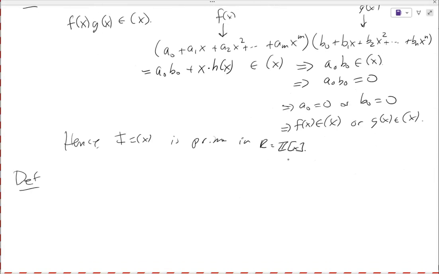Because the other word we had was not just prime, we had maximal, right? So we let R be a ring. We'll do commutative.